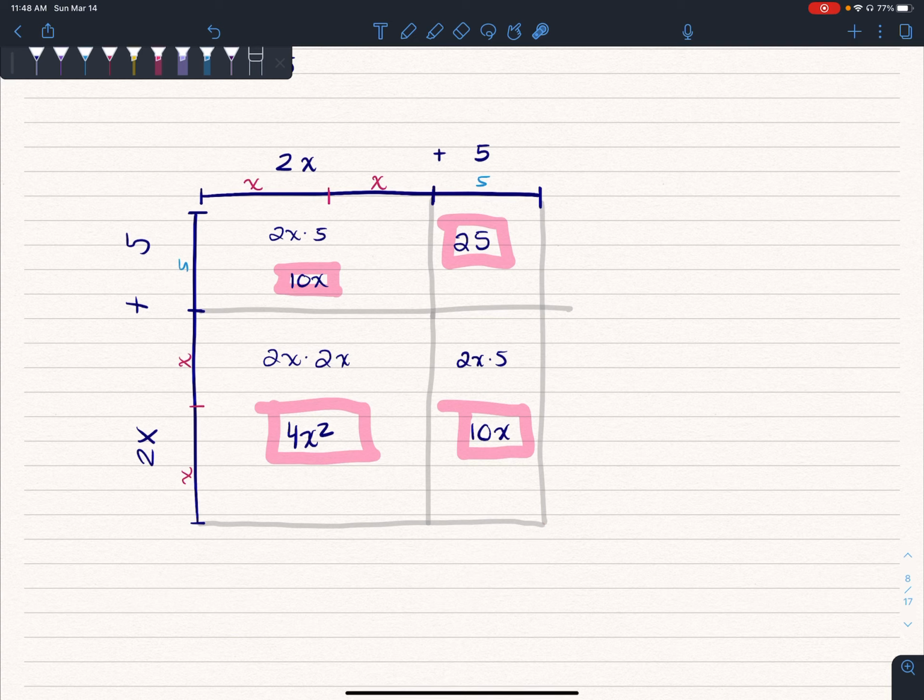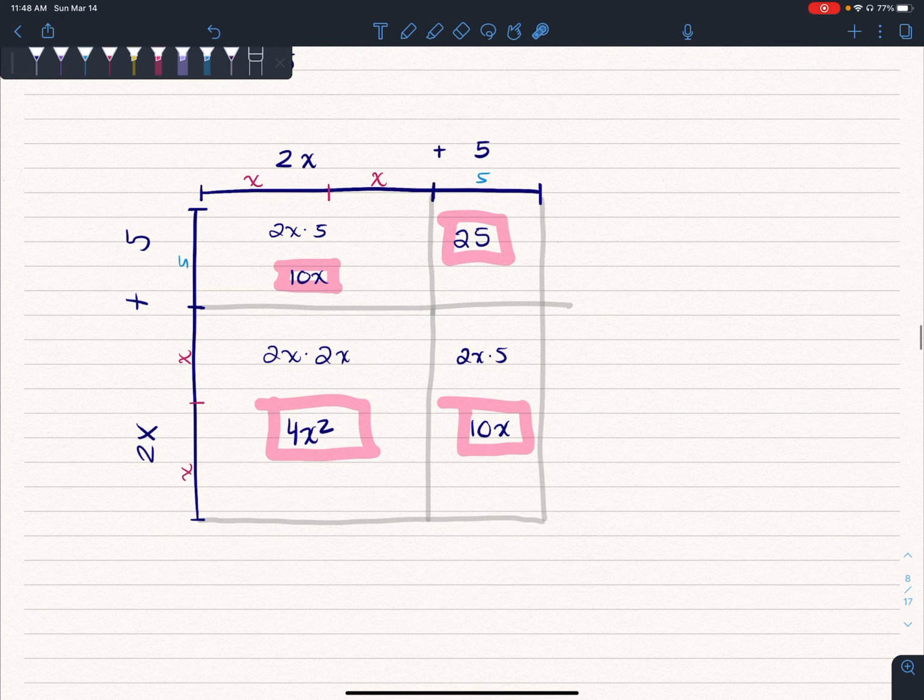And within that, we can break that up into one perfect square, another perfect square, and then these two rectangles that fill up the rest of that shape. And then to put together your total trinomial, you would just take the area of all of these squares and you add them up.